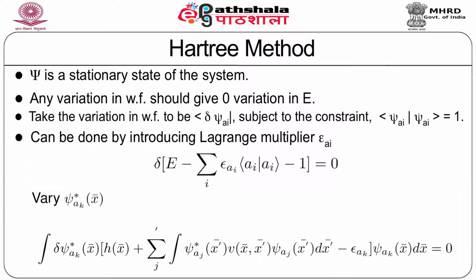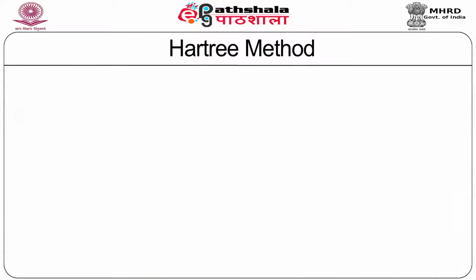Varying the wave function psi a_k in this equation, one therefore gets the following equation. Note here in the summation over j, we are still carrying the symbol of this hash, which means the summation over j includes everything except k.